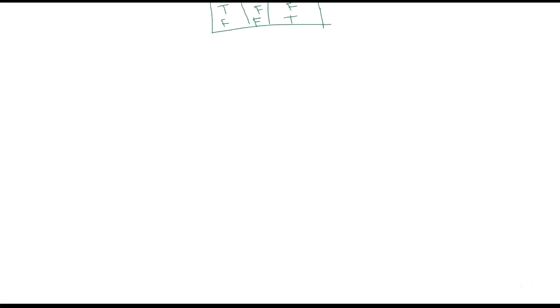Next, an example. P: you can occupy a berth in the compartment. Q: you have a reservation ticket. So P biconditional Q: you can occupy a berth in the compartment if and only if you have a reservation ticket.